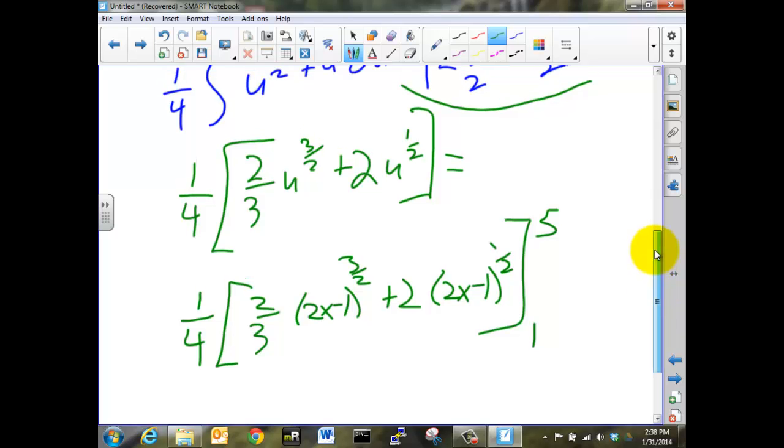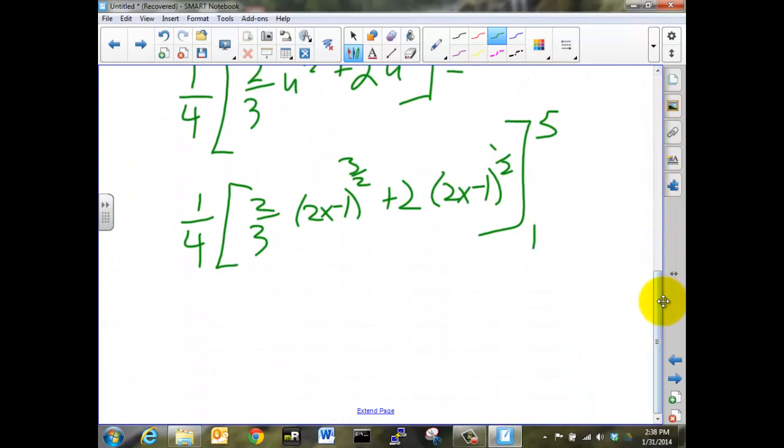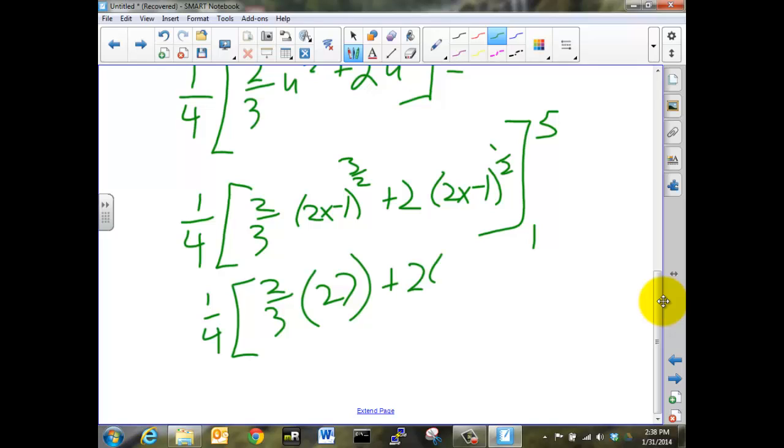So now let's be sure we plugged in the right thing, 2x minus 1. So now it's a matter of evaluating. 2 times 5 is 10, minus 1 is 9. So we're talking about the square root of 9, which is 3, cubed, which is 27. So I'm going to make this 2/3 of 27 plus the square root of 9 is 3, 2 times 3.